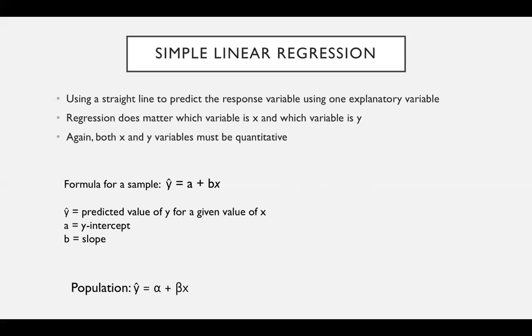So y would be the predicted value of y for a given value of x. a is your y-intercept, b is your slope, and x is just your x value here, your explanatory variable. You would typically use this to predict your response variable, or your value of y, for a given value of x.